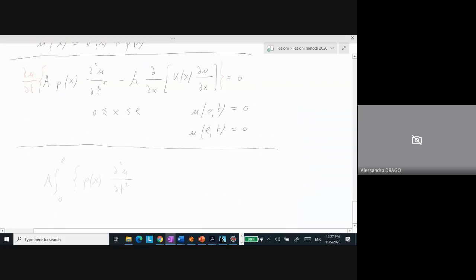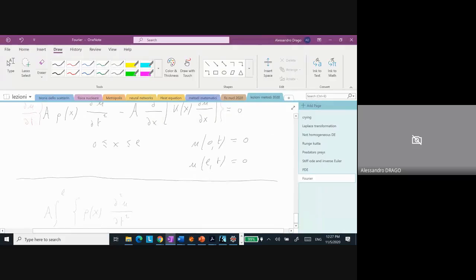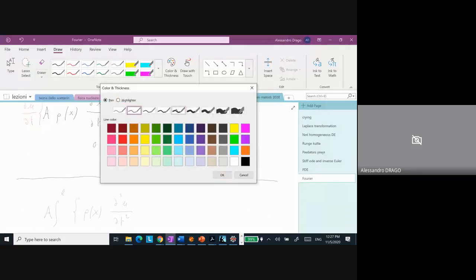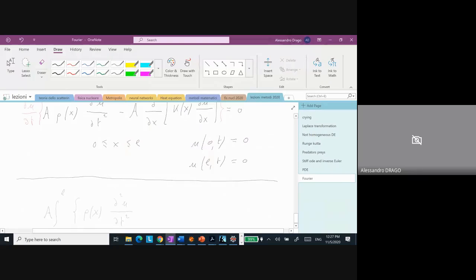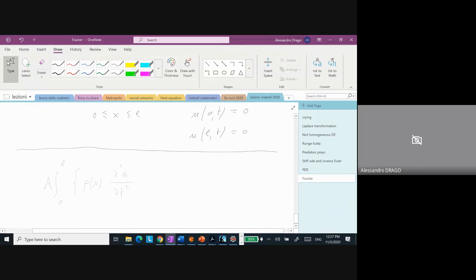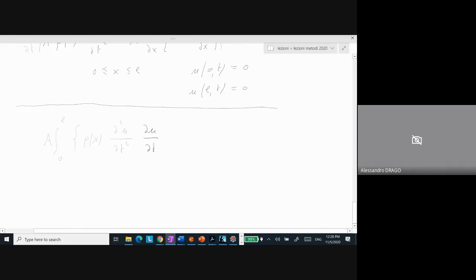Can you read what I'm writing, or is it a bit too faint? It's too faint, isn't it? Just a second. Let's see if now. So the first term is this object, du over dt. Okay, now it seems better.